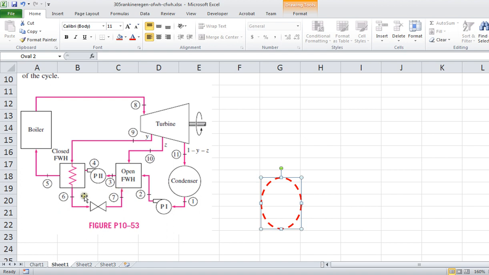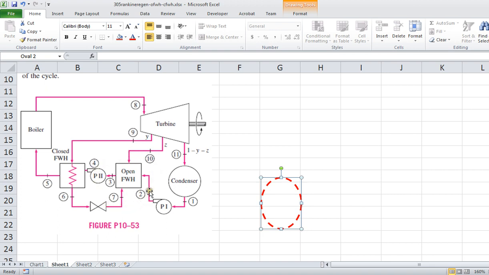So in this example, in this problem, that condensate is passed through a valve, which is described as a throttling valve, and that condensate is flashed through the valve and dumped into the open feedwater heater. So there's two features of this problem that are a bit different. We do have the closed feedwater heater that we haven't seen before, at least in an example, and then there's an open feedwater heater here.